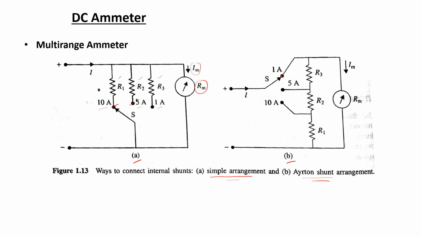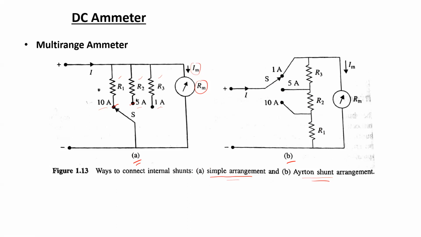Now in order to determine the values of R1, R2 and R3, the process is not as simple as it is in the simple arrangement shown in figure A, because for the Ayrton shunt arrangement, as there are three different resistances, you have to find three different equations.